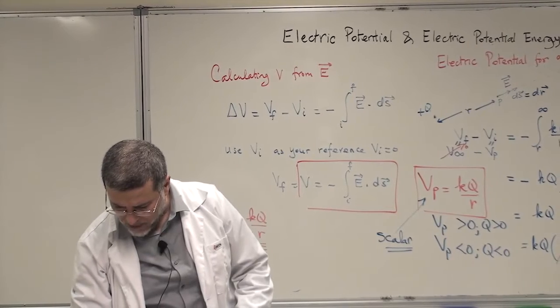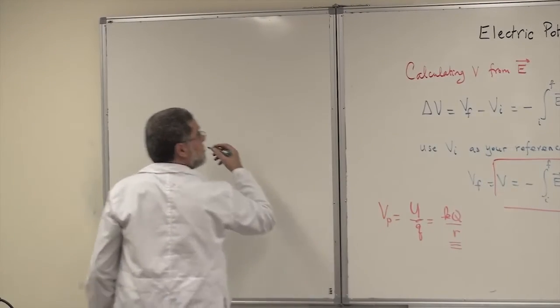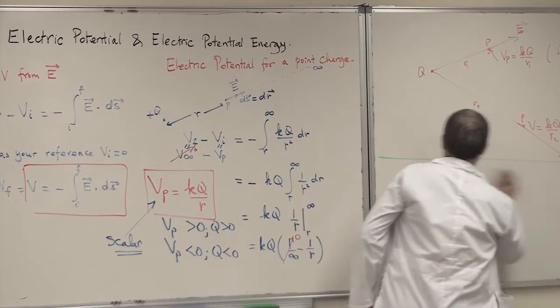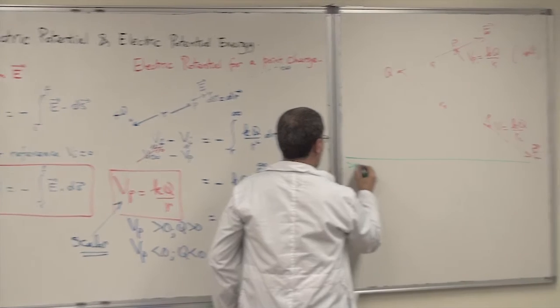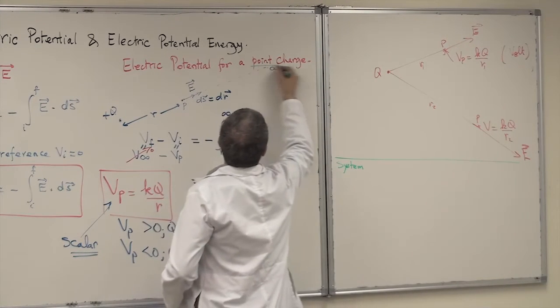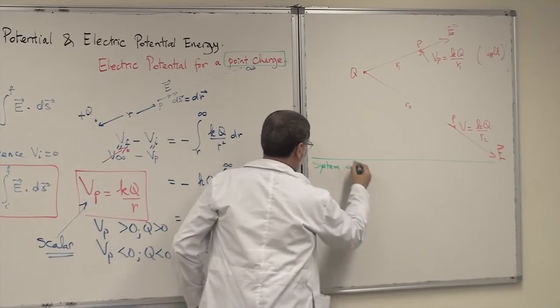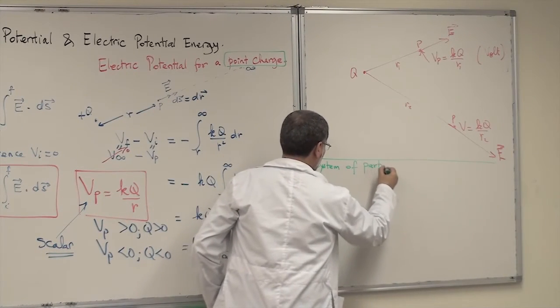Now, imagine you have a system of particles. What does it mean, system? Now, remember, what we did now is the potential for a point charge. Now, I have a system of particles.